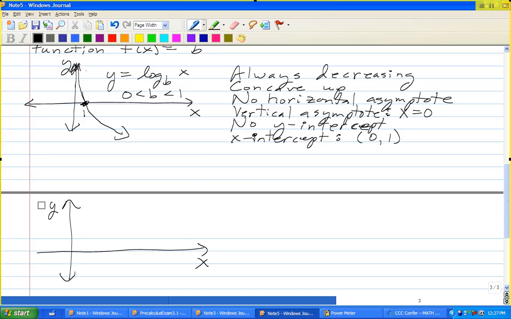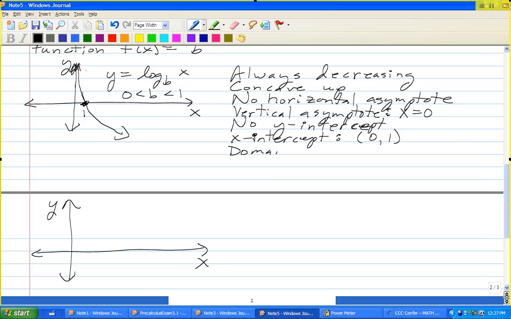Oh, and I guess I should note the domain. The domain goes from 0 to infinity. So this is not defined for values of x equal to 0 or less than 0. The range is all real numbers.